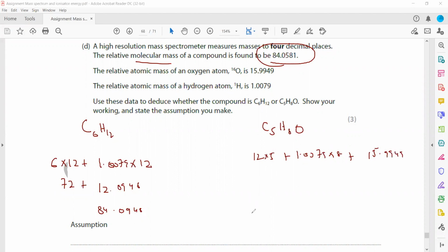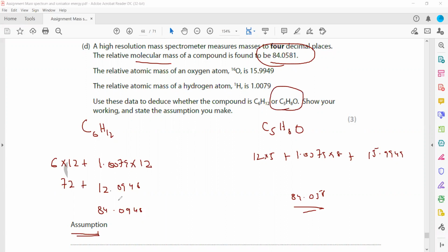When you solve, that gives the relative molecular mass of this compound: 84.0948 is for the first one. The second gives 84.058, which matches, so we can identify that this compound is C5H8O.